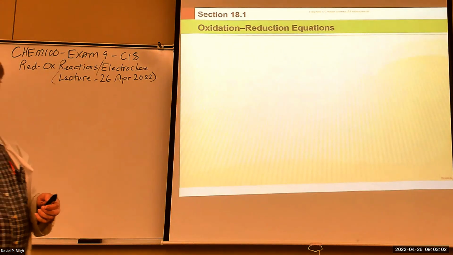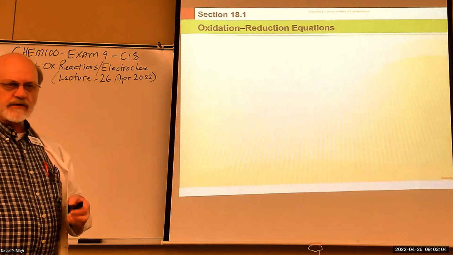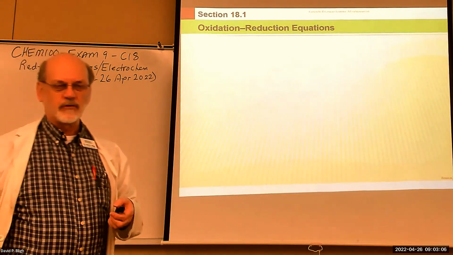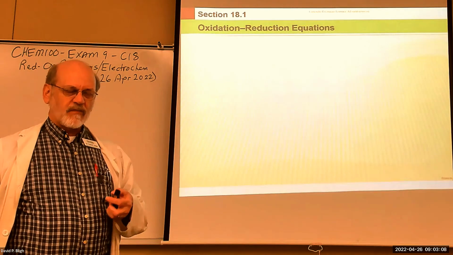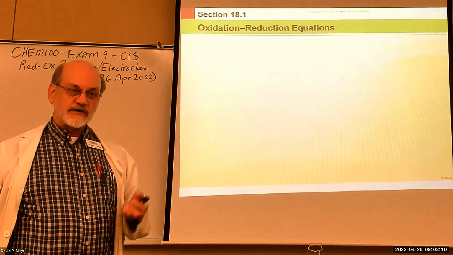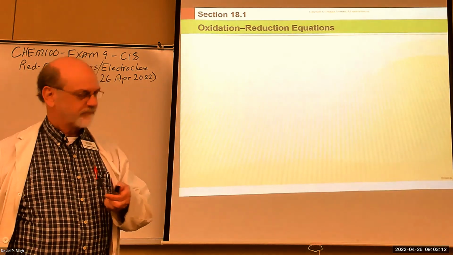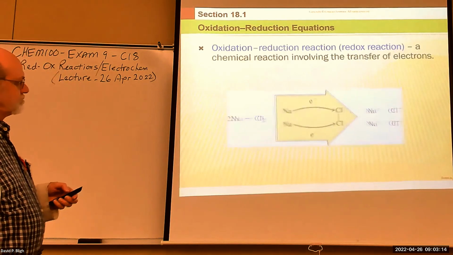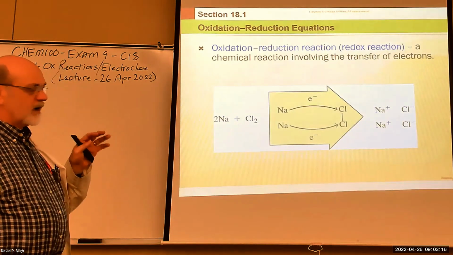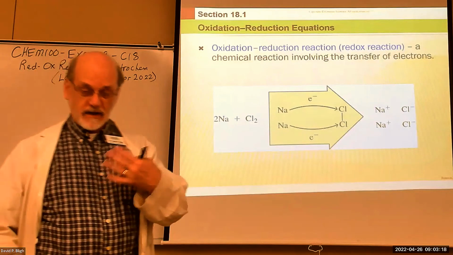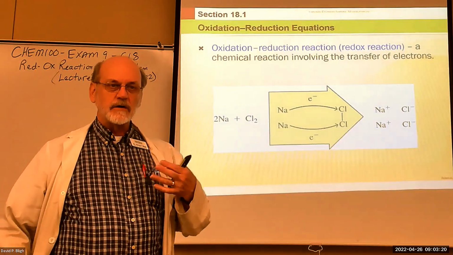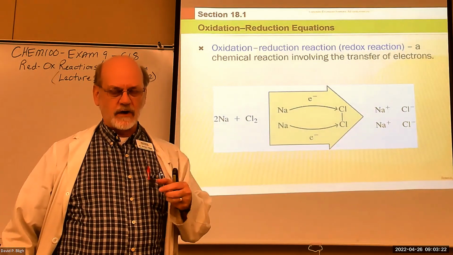First of all, what is a redox reaction? Redox is short for oxidation and reduction. We say redox because it sounds better than oxide. But anytime you have a redox reaction, or you suspect a redox reaction, you look for a transfer of electrons.